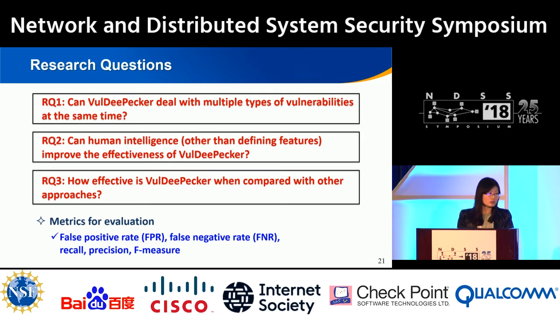That is false positive rate, false negative rate, recall, precision, and F measure. The closer the FPR and FNR to 0, and the recall, precision and F measure to 1, the better the effectiveness of the vulnerability detection system.